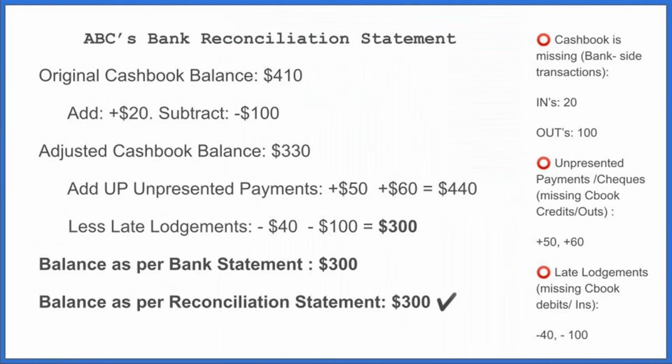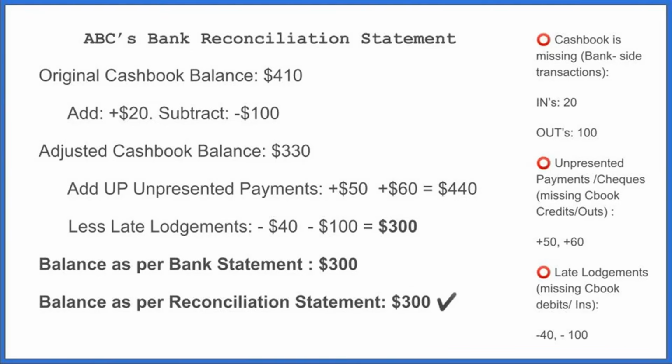Alright, so we're going to start by updating the cash book, right? These are the 3 steps. We're going to do them now. Our cash book needs to have our cash book balance, which was 410 before. We need to write 410, and then we need to add $20, which was our in, and then we need to minus $100, which was our out, right?